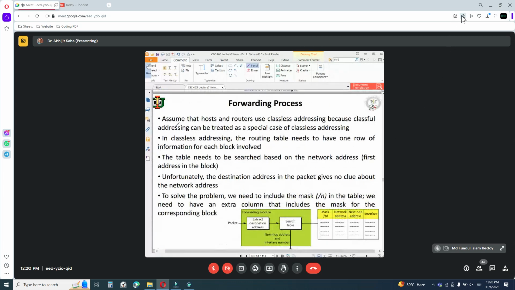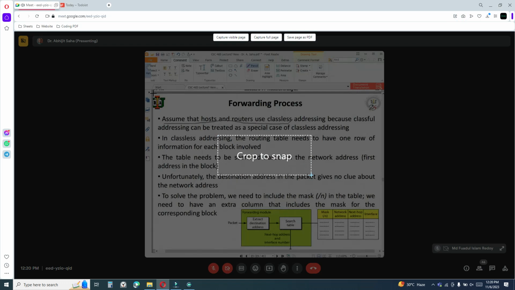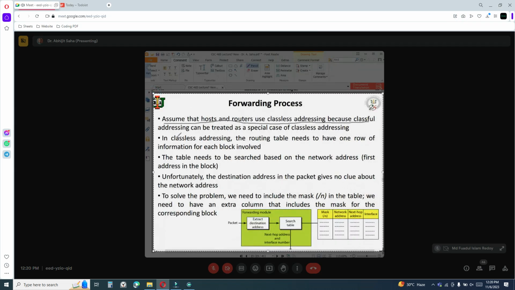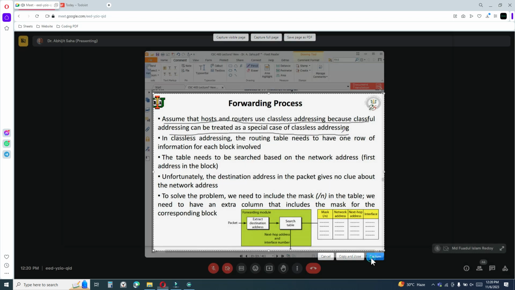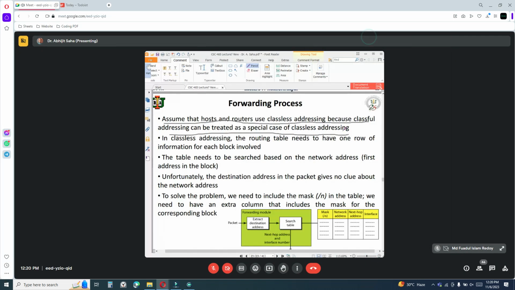Now come to the forwarding process. Assume that the host and routers use classless addressing, because classful addressing can be treated as a special case of classless addressing. We have already discussed IPv4 addressing, and there we know there are two types of IPv4 addressing, classful and classless.